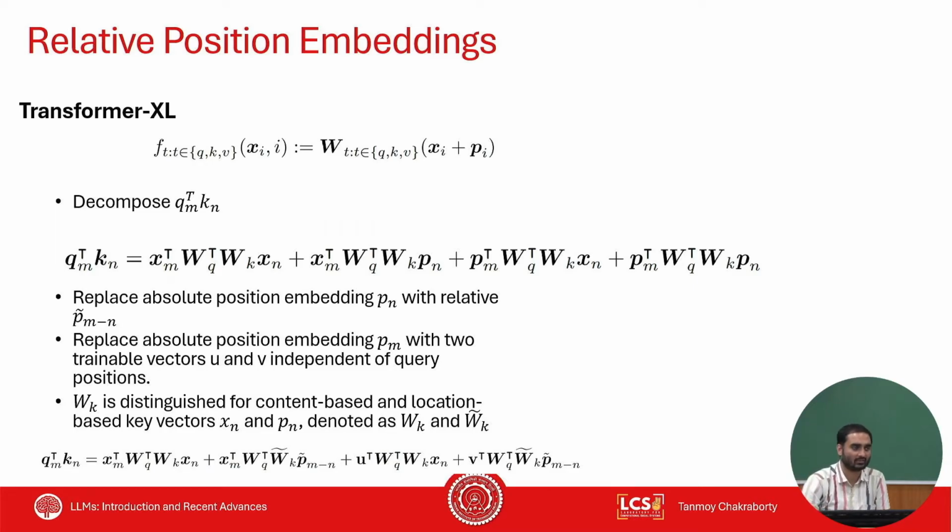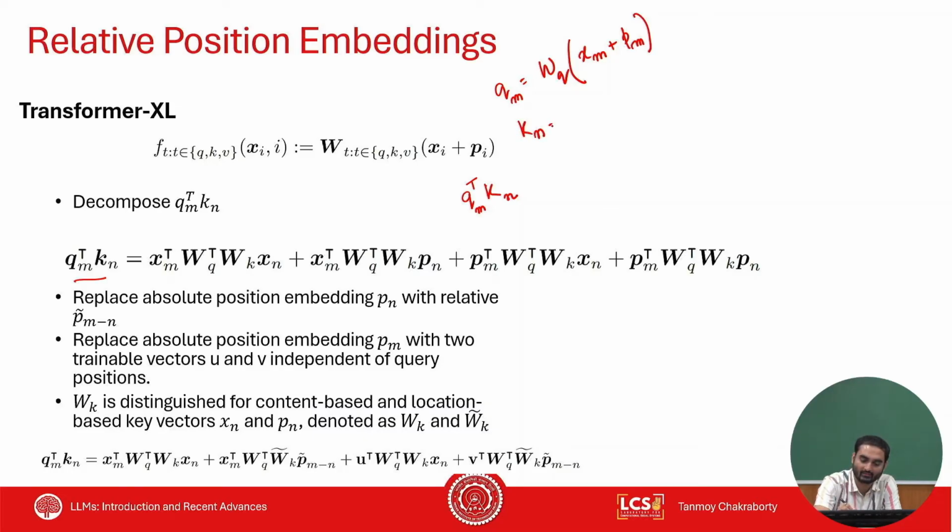The second paper, Transformer-XL, said let's look at it in a different way. Ultimately we will do the query-key dot product, query q_m and key k_n. In the original transformer paper, what was q_m? q_m was W_q (x_m + p_m).